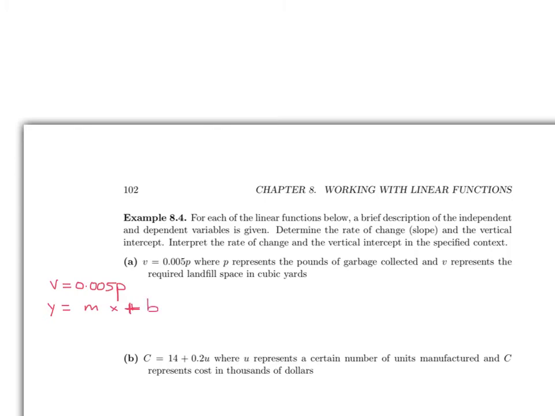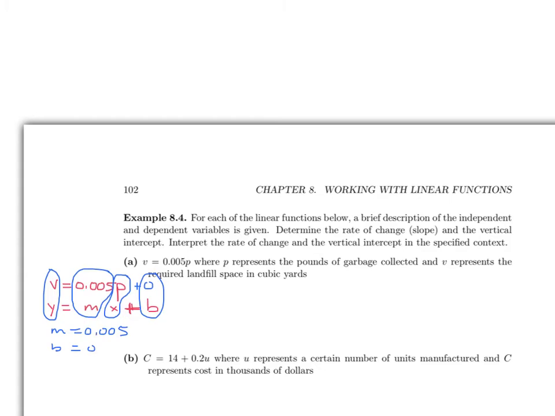Well, you can see that V is playing the role of Y, the 0.005 is playing the role of M, the P is X, and if I add a 0, then you can see that B is 0 in this case. So M is 0.005, that's the rate of change, or the slope, and B is 0, that's our vertical intercept.